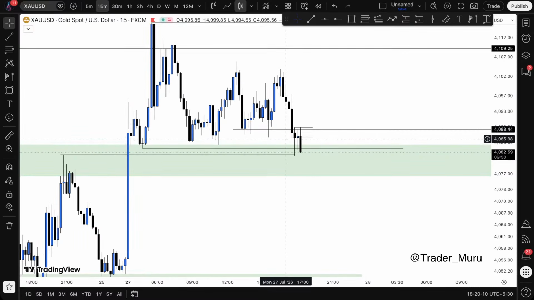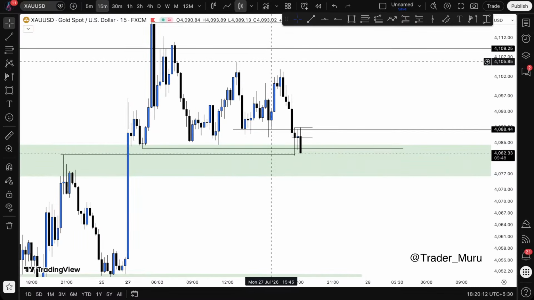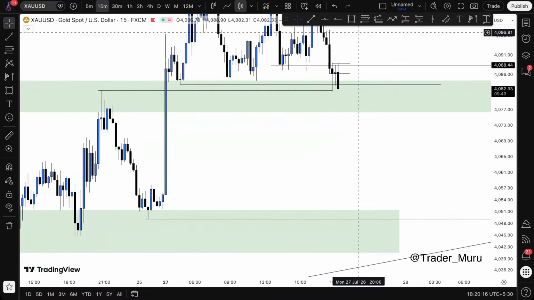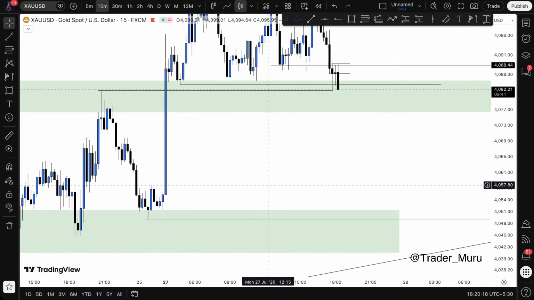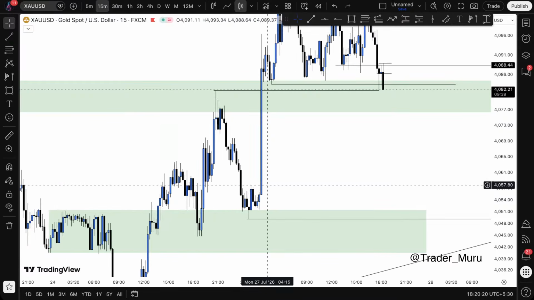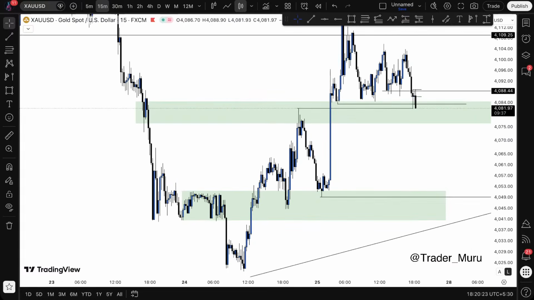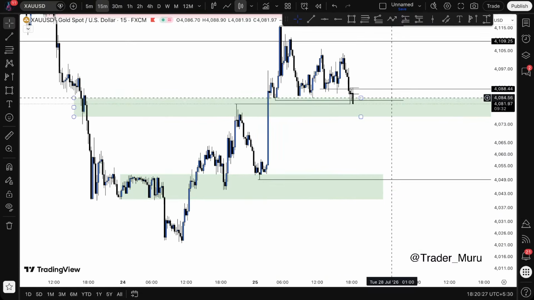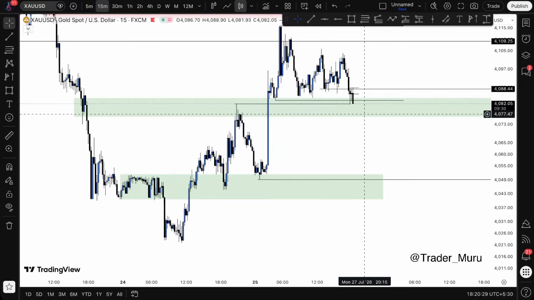If this area breaks and we have a close below, our bias will be invalidated. We will wait for this area again, then, sorry, here our bias was not invalidated, our key level was invalidated.